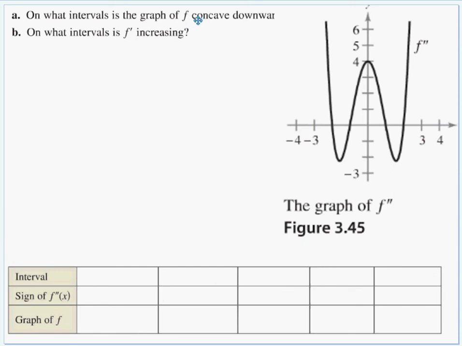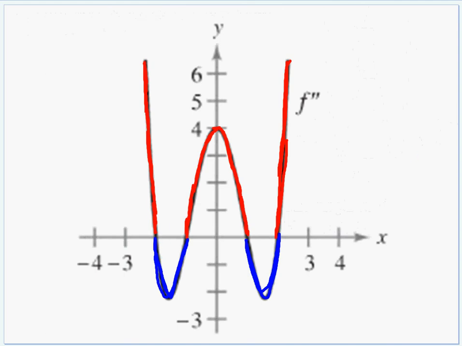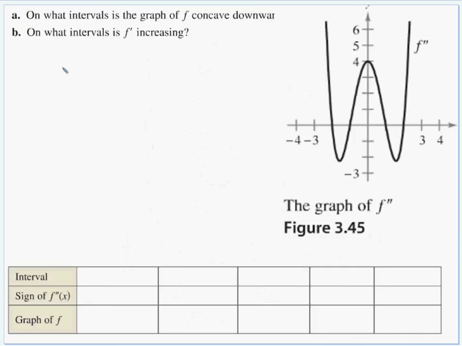So here when they're talking concavity, remember that second derivative positive or negative. So our intervals are just going to be where we're above or below the x-axis. So here would be -1 and -2. And here's +1 and +2. So those are going to be our numbers that chop up our intervals. And here we're going to go -∞ to -2, -2 to -1, -1 to 1, 1 to 2, and 2 to infinity.